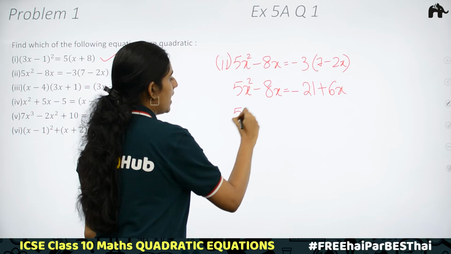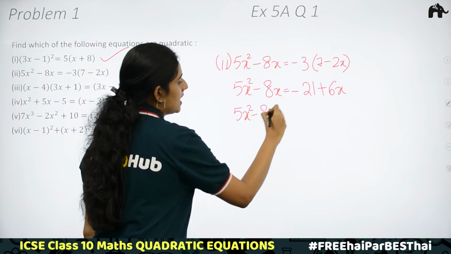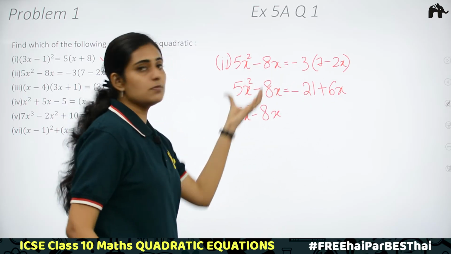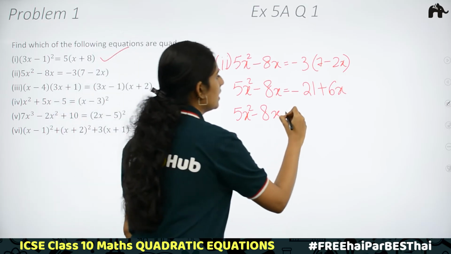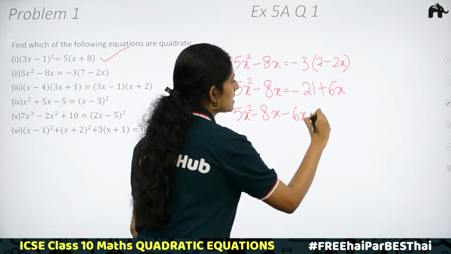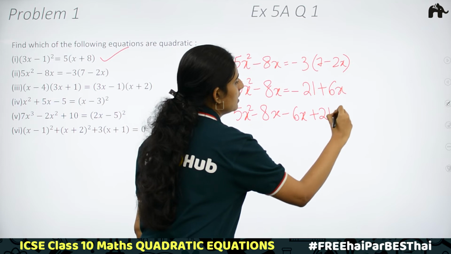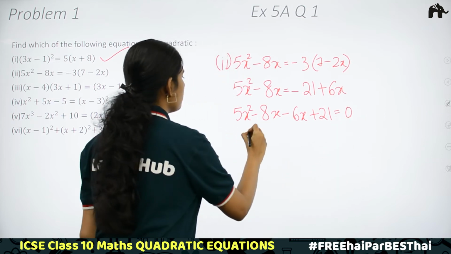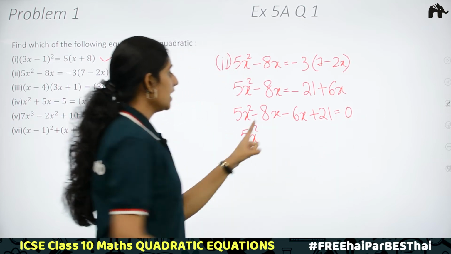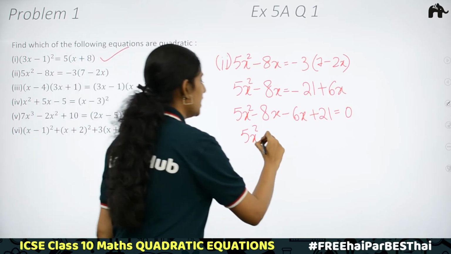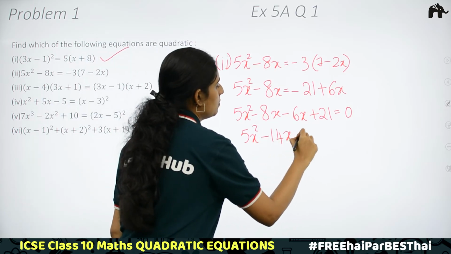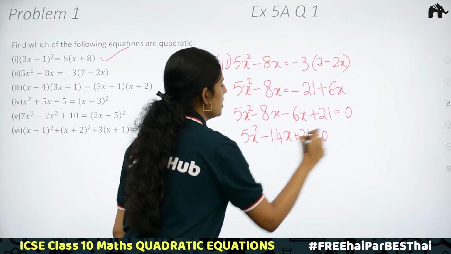That is 5x square minus 8x. Bringing these terms to the LHS, we'll get minus 6x plus 21 is equal to 0.